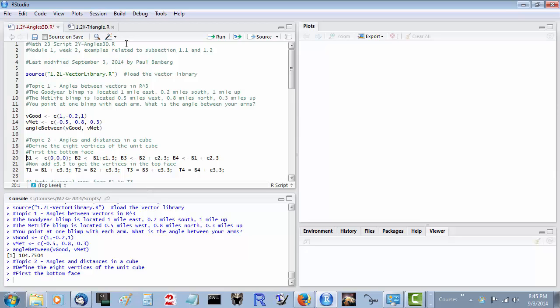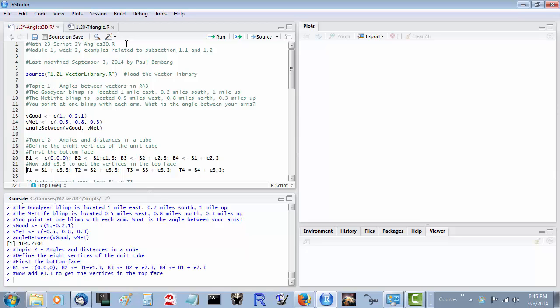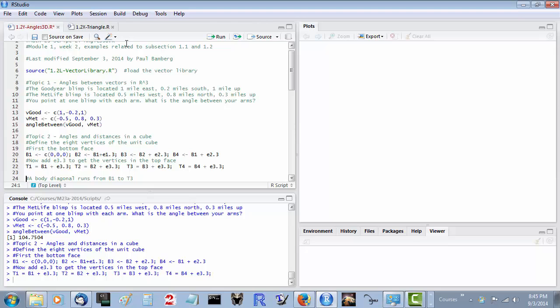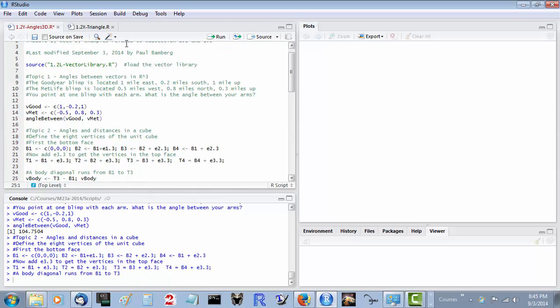Add on the first standard basis vector to get another, the second standard basis vector to get a third, and the sum of the two standard basis vectors to get the fourth one. To get the vertices in the top face, we simply add the third standard basis vector to each of the 4 points in the bottom face.